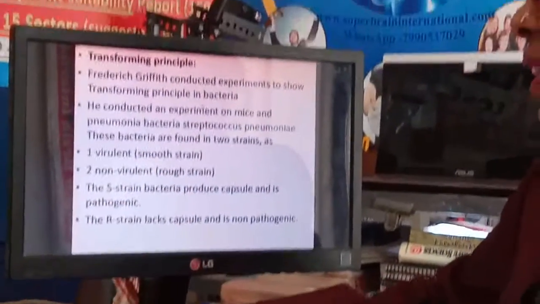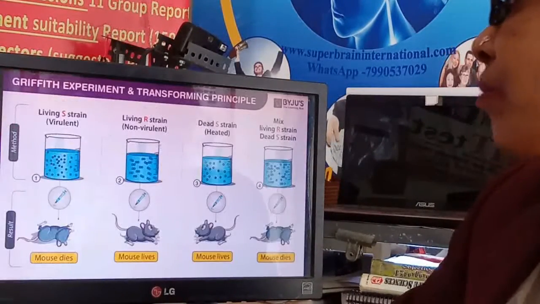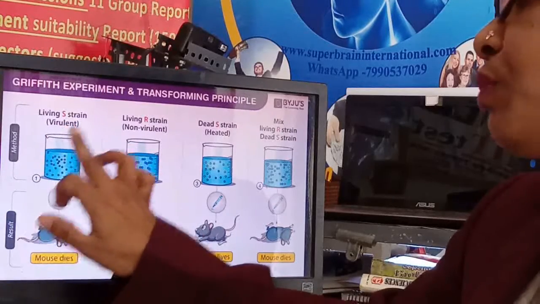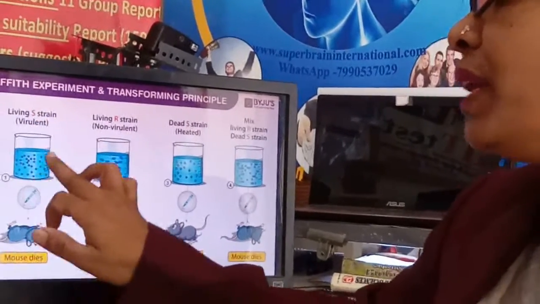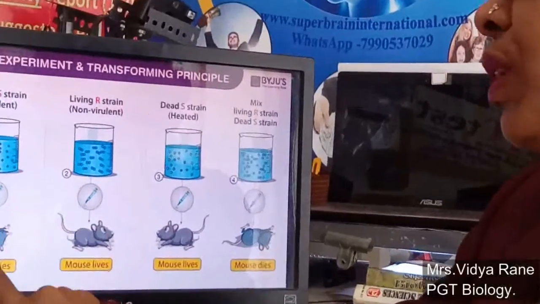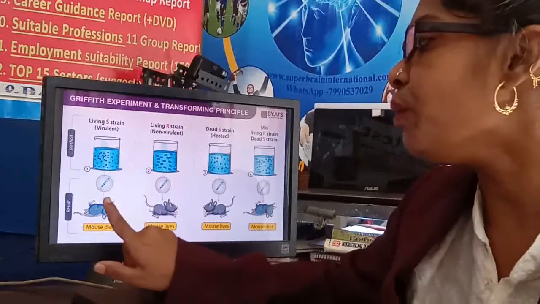Now, in his experiment, he first took the living S strain, the virulent bacteria, and injected it into mice.